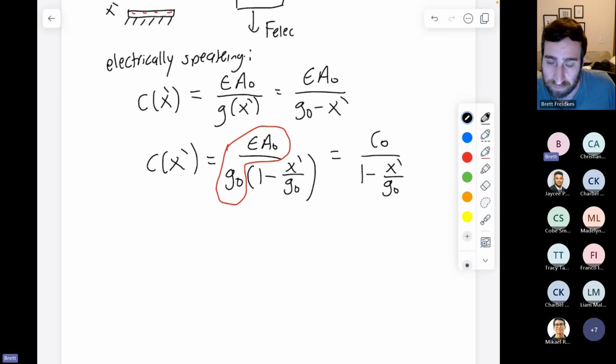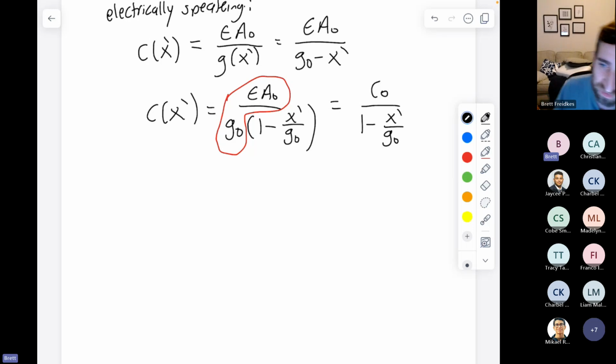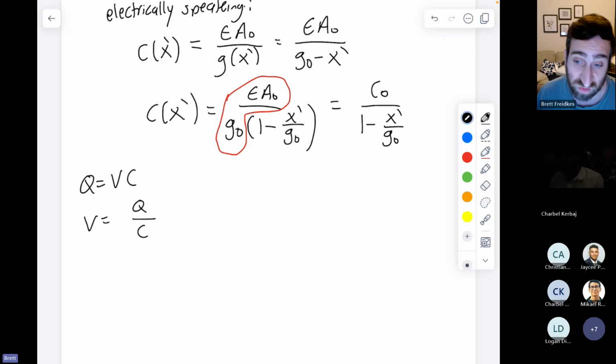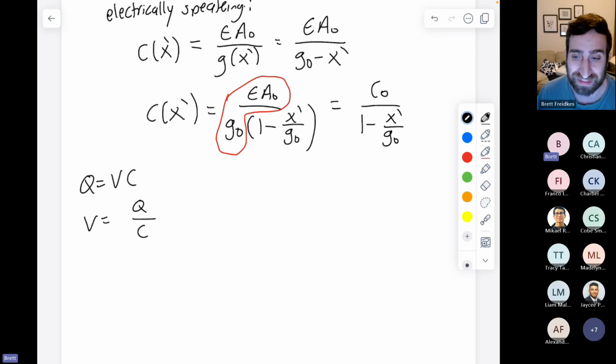Any concerns about this right now? So that is our capacitance. We know that Q equals VC, which means that V is equal to Q over C. It's always nice to have things in terms of the initial capacitance, but we're going to write this equation slightly differently in a second.